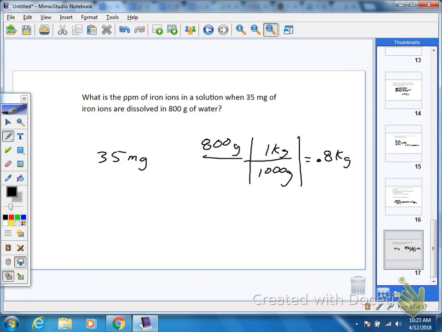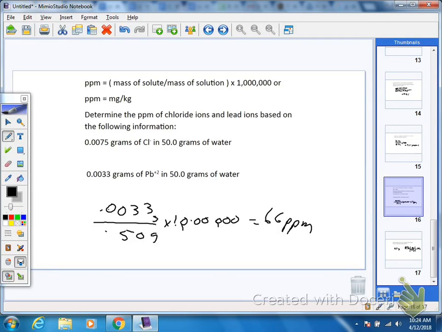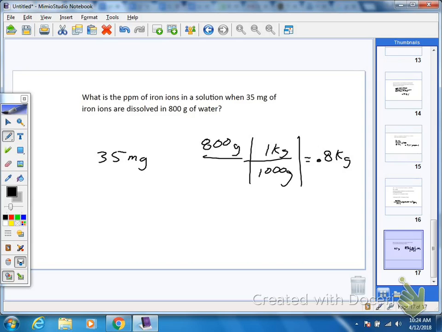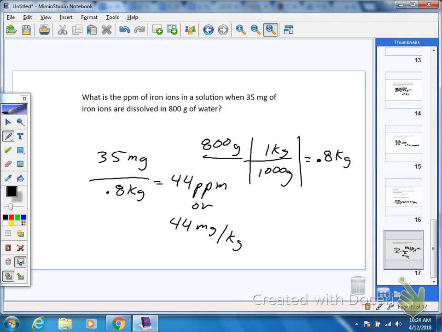So we can take the 35 milligrams, because we had that initial value, and take milligrams over kilograms and get parts per million. So 35 milligrams divided by 0.8 kilograms gives us milligrams per kilogram, or parts per million. So it'd be 44. Or you could have it as 44 milligrams per kilogram, and that's the same thing.